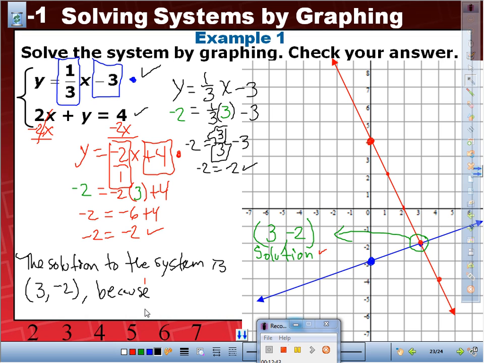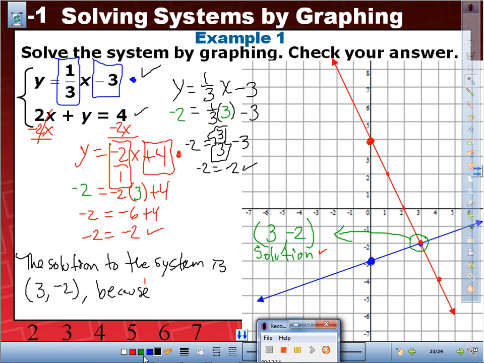Think about it first. Now I showed you two different ways why it's a solution. I showed you the first one, and I showed you the second one. Think about it. What would you finish your statement with? The solution of the system is 3, negative 2 because, think about it, because of this and because of this. Talk it over with your neighbor.